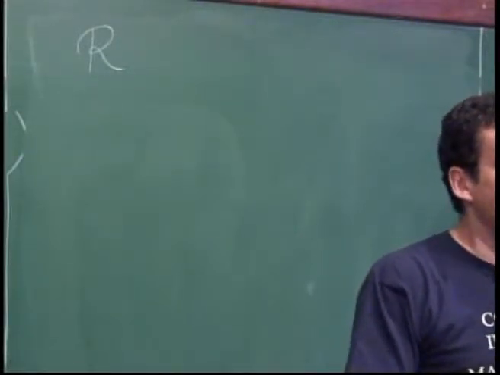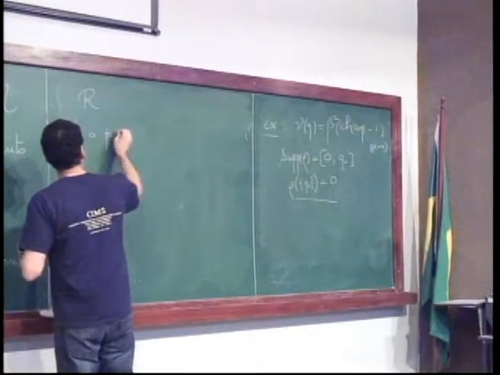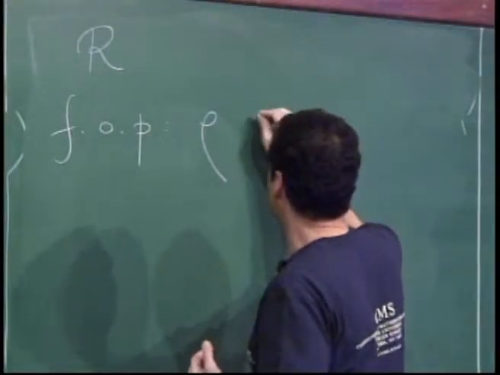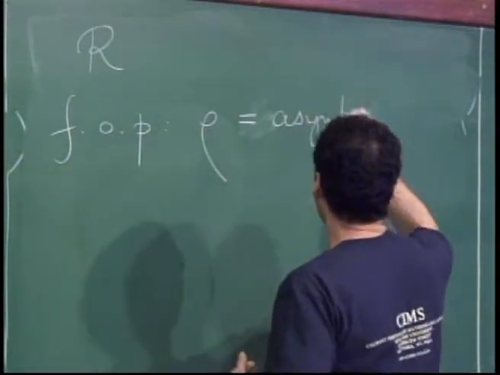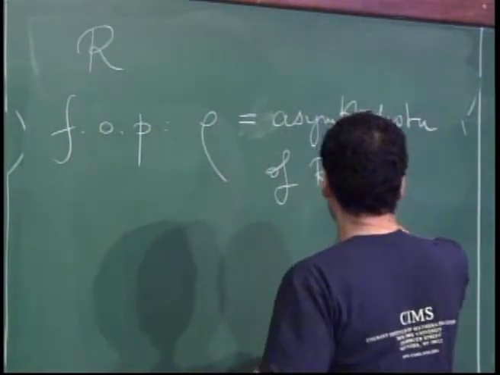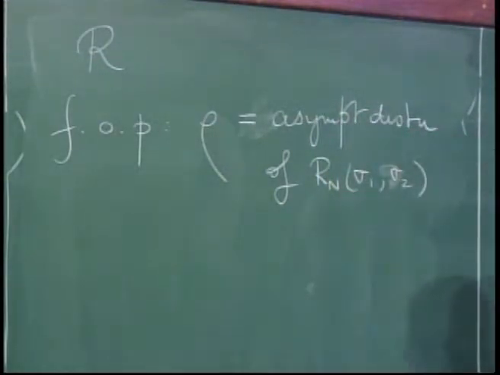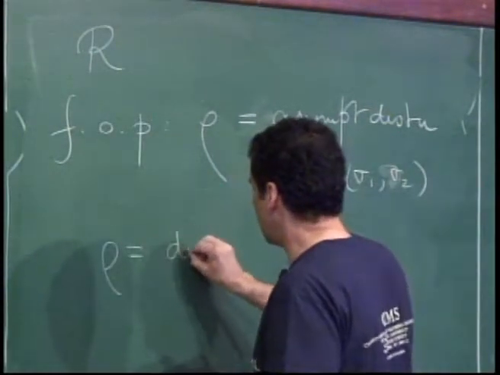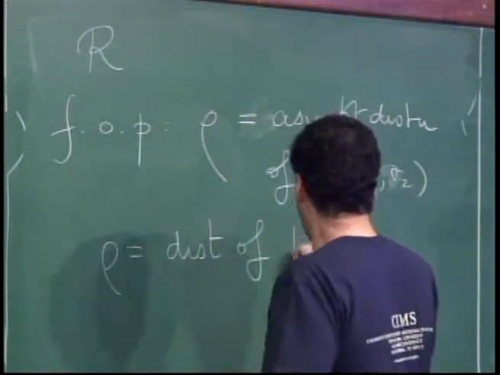What was the order parameter? It was the distribution of one element, right? What we call the functional order parameter, that was, remember, rho, the Parisi measure, which was supposed to be the asymptotic distribution of the overlap of two replicas sampled under the Gibbs measure, right? So what is that supposed to be? This is in fact supposed to be the distribution of R12.